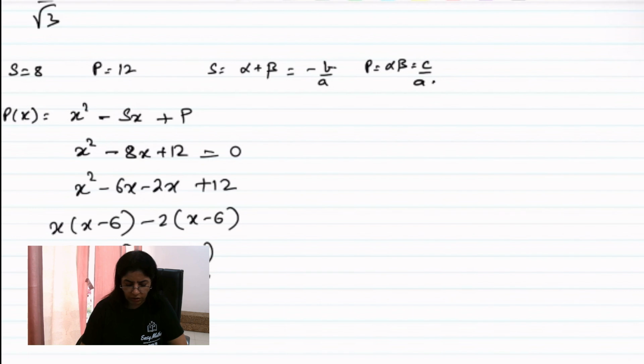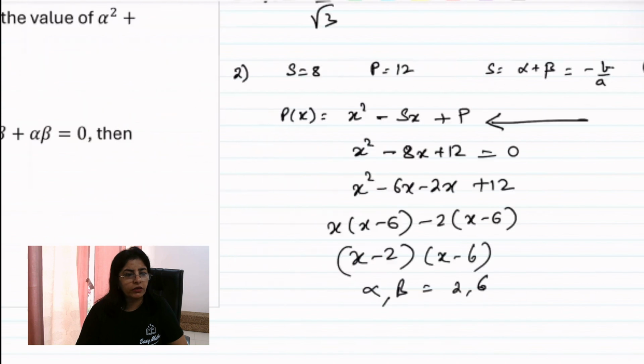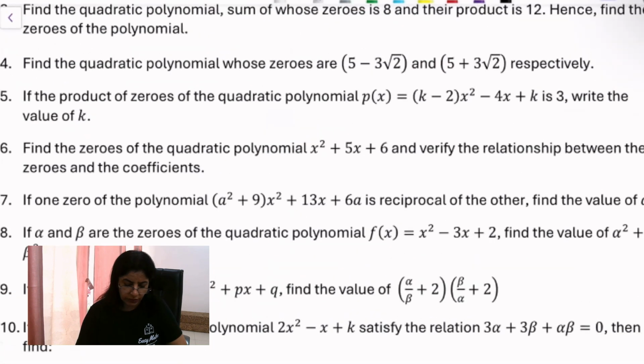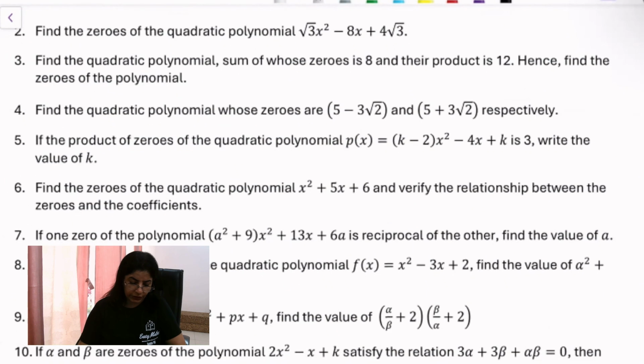Alpha and beta are 2 and 6 in this case. Okay. So the most important part is this. You should write x square minus Sx plus P as the formula, and then you directly get the equation, which you can factorize with the help of middle term splitting.